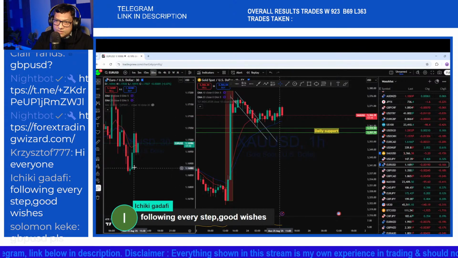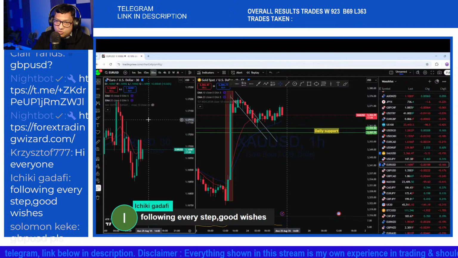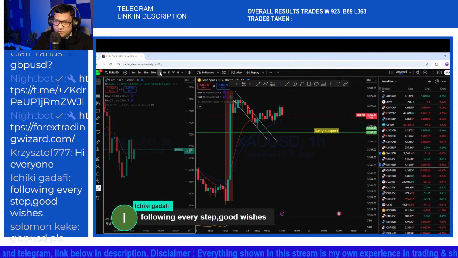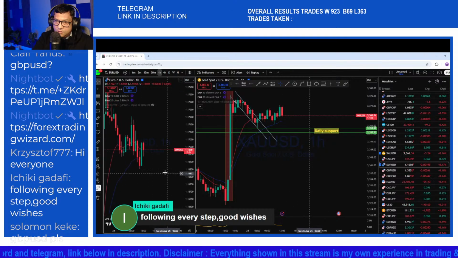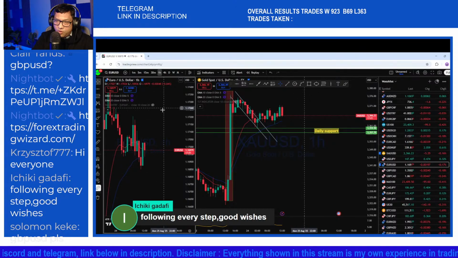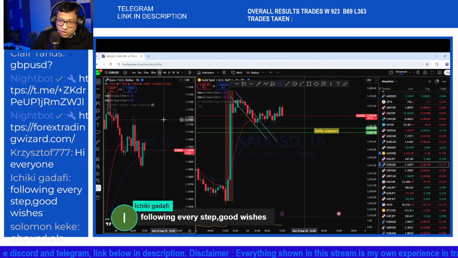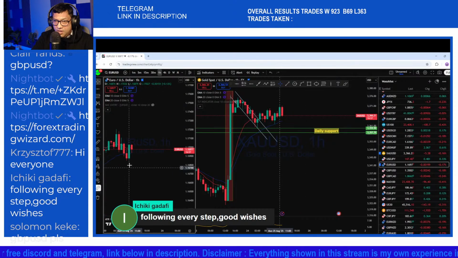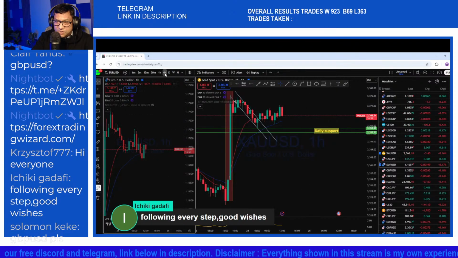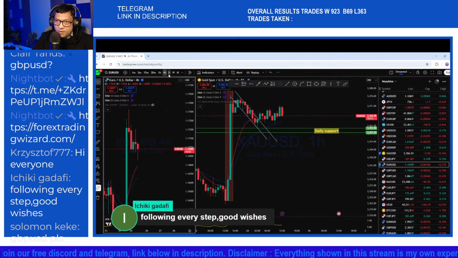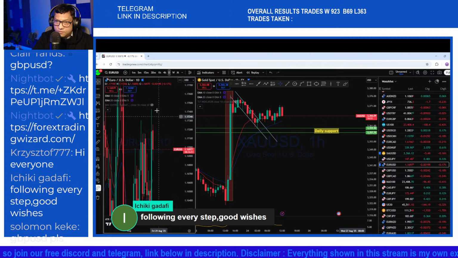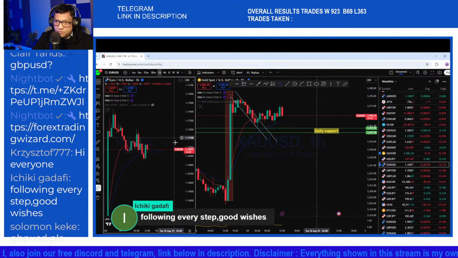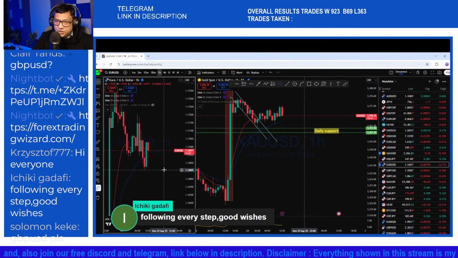Here's the move that you can see on euro dollar, trying to push back to the upside here. And from this support level, we might see euro dollar possibly break to the upside here. This is a support level.